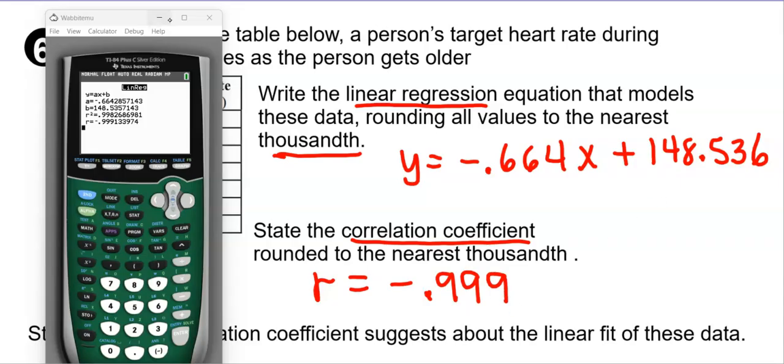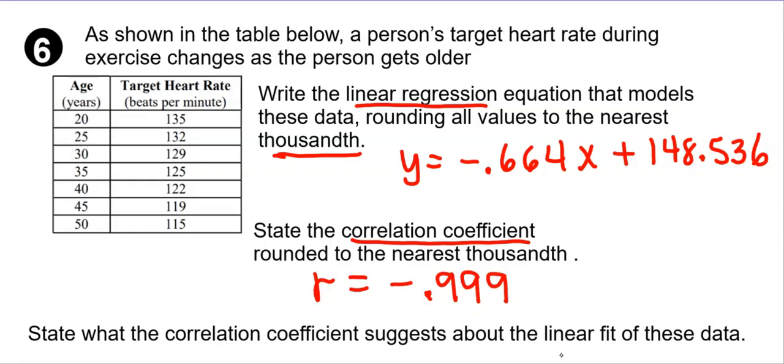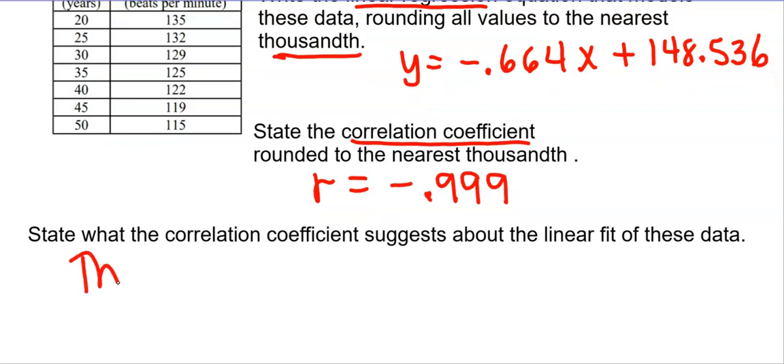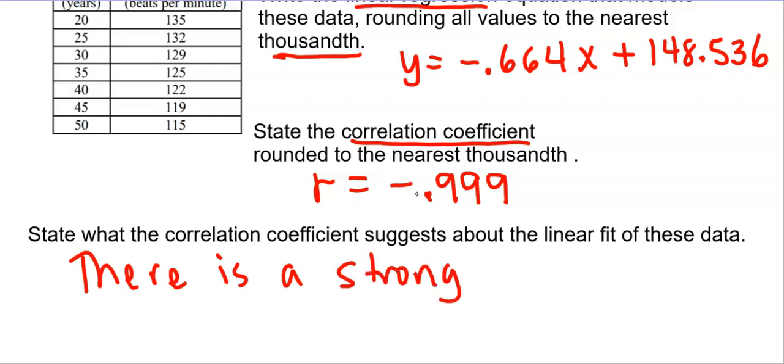The last question asks you to state what the correlation coefficient suggests about the linear fit of these data. There is a strong, because the number is very close to -1, and it is negative.